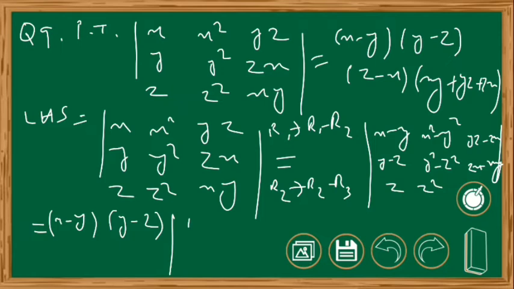Here you see 1, this will be x plus y, and since x minus y is taken common, minus z will be left here. Now this one will also be 1, then y plus z, and minus x, and here z square and at last xy.